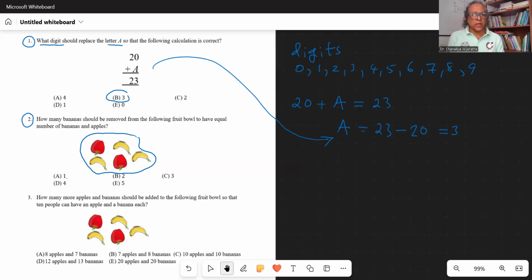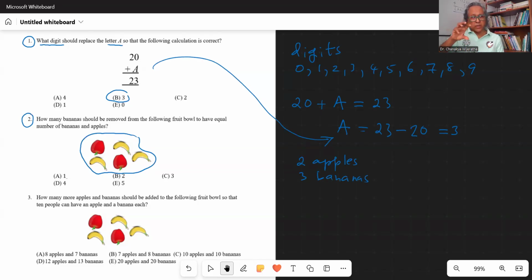It asks how many bananas should be removed so that the number of bananas and apples become equal. Right now, they are not equal. So we have 2 apples and 3 bananas.